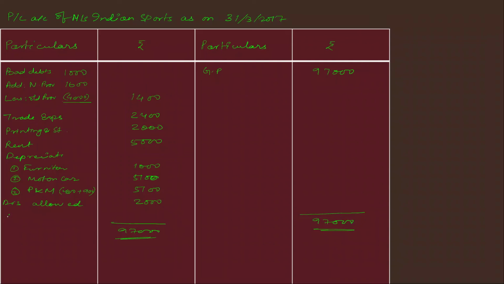So this is the net profit balancing figure before my manager's commission. Manager's commission. So this balancing figure I am getting 75,800. Now I need to calculate that net profit they have asked to calculate and manager's commission before charging this net profit.